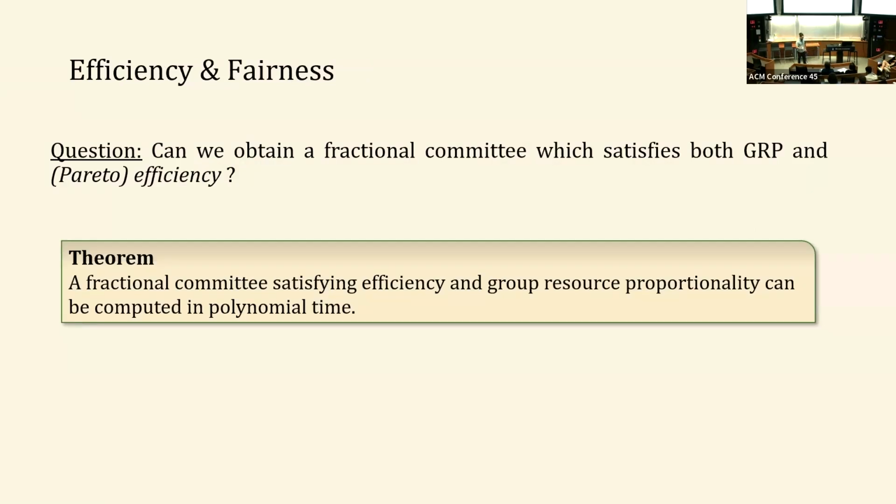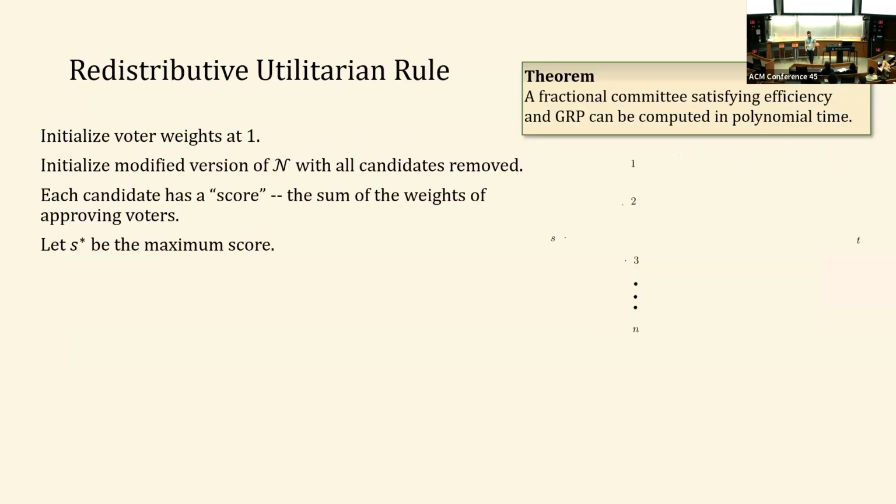So this is the most technical part of the paper, and I'll give the algorithm and do my best to get around this lack of flow networks. So the idea is basically that we want to start out with voter weights of 1, and we're going to give a modified version of the network where we just start with no candidates in the network.